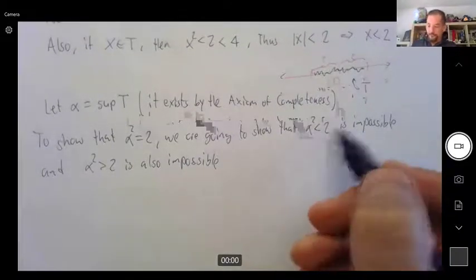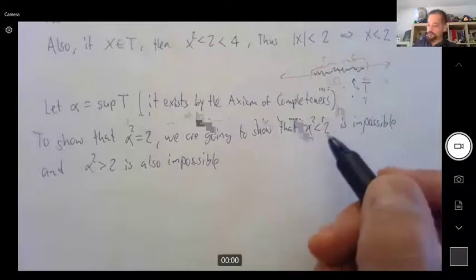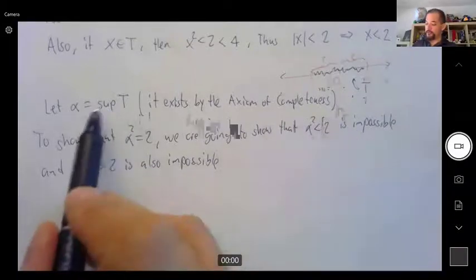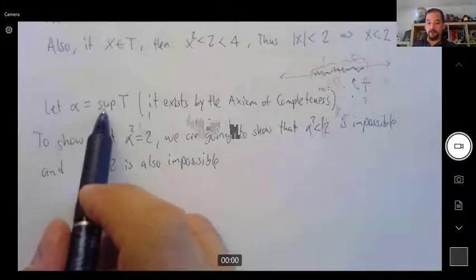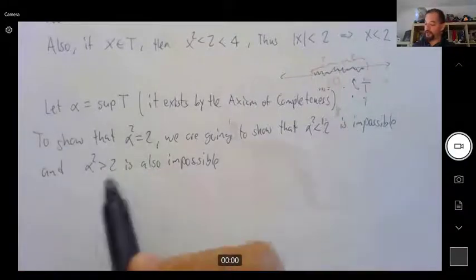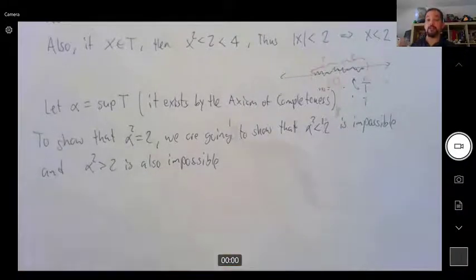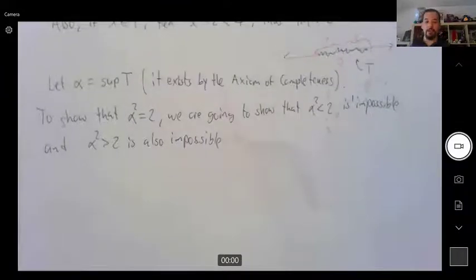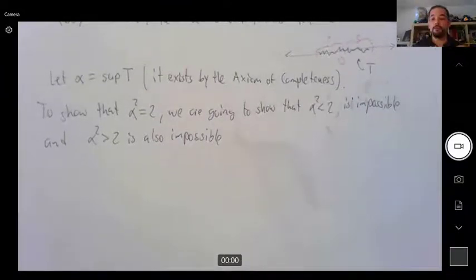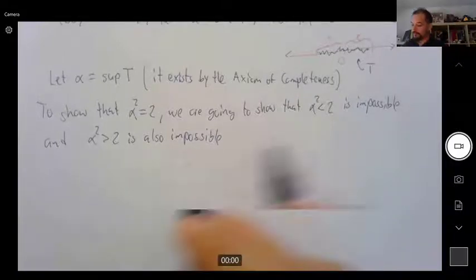To prove one of the properties, we're going to use that the supremum is an upper bound, and to prove the other property, we're going to use that it is the least upper bound. This is, by the way, something that happens in general when you use the supremum for proofs. Usually, you use one property to prove half of it, and the other property to prove the remaining half. So let's start with alpha squared less than 2.